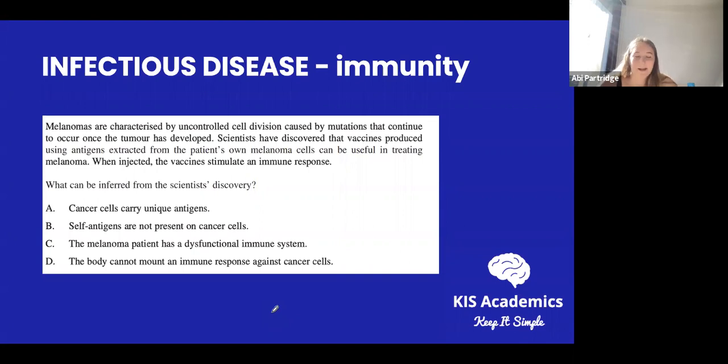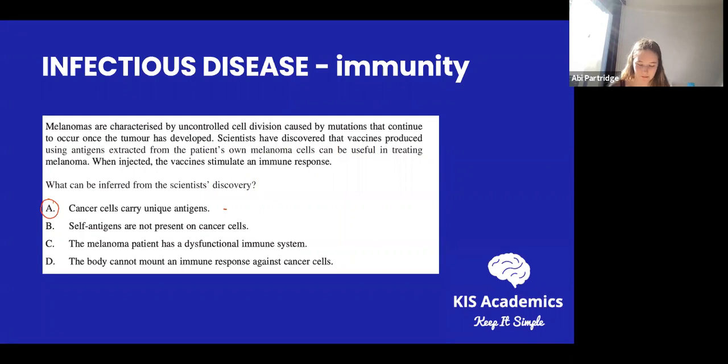So it's saying that the vaccine stimulated an immune response. That's indicating that there's something unique about these cancer cells, which is what answer A is. They have their own antigens, which can be used to specifically target the cancer cells, so the body can specifically fight these cancer cells using the antigens on them.